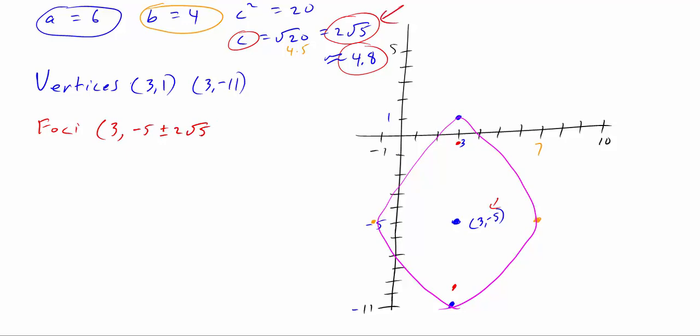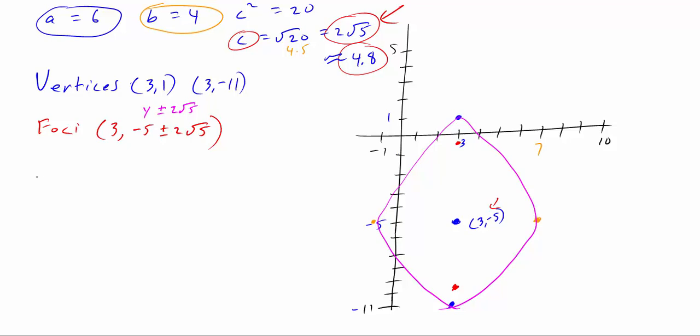So 2 square root of 5 is what we need to add and subtract to the -5 to get our 2 points. Okay, so that's probably how you're going to see them write this, to keep an exact answer. So they'll just write your y value here, -5, and then we want to add to it the positive 2 square root of 5, and then subtract 2 square root of 5 to get the 2 points.